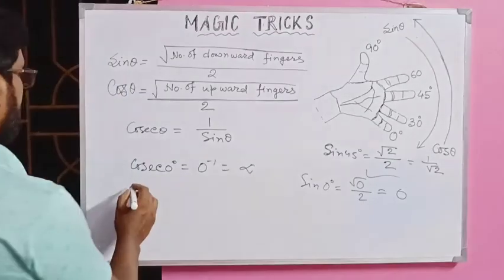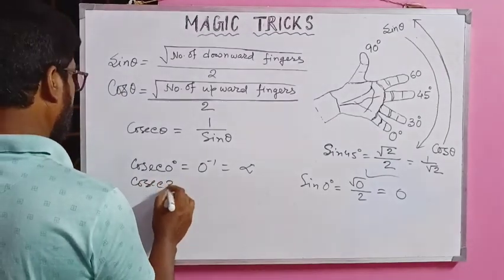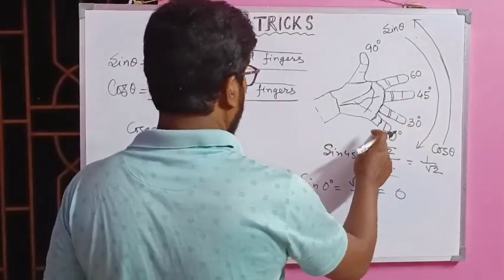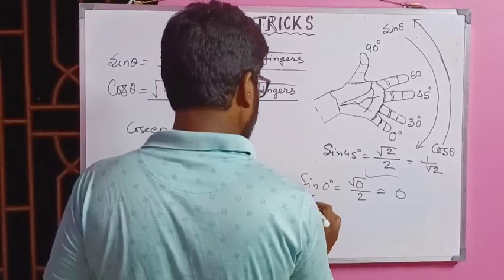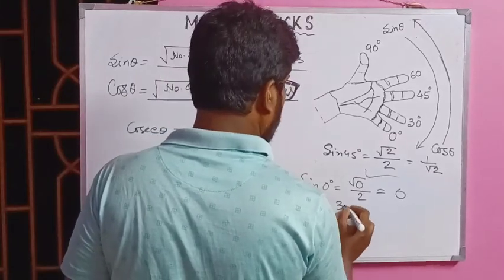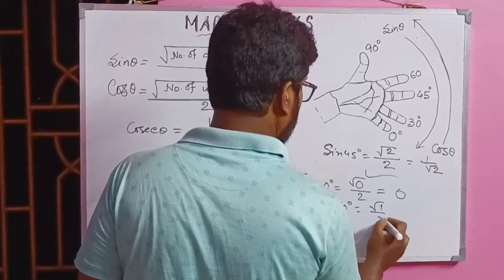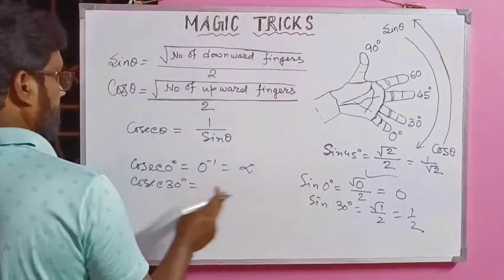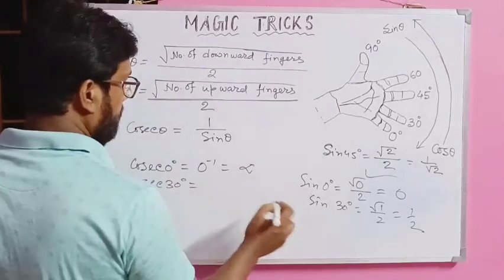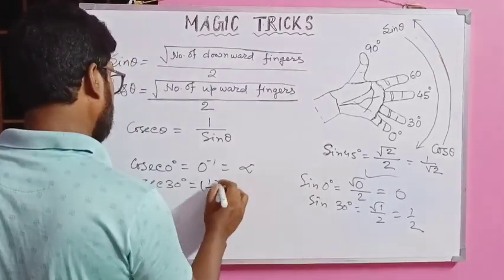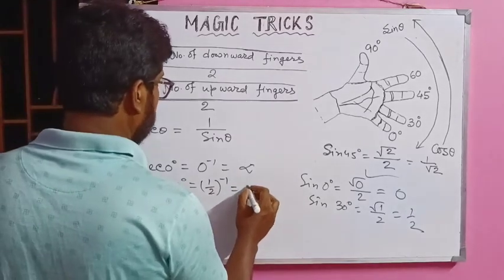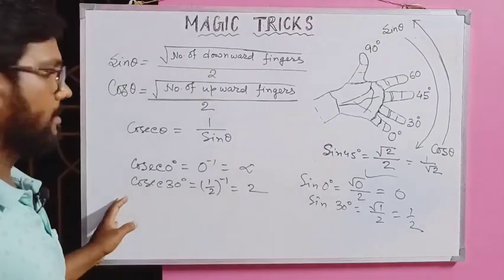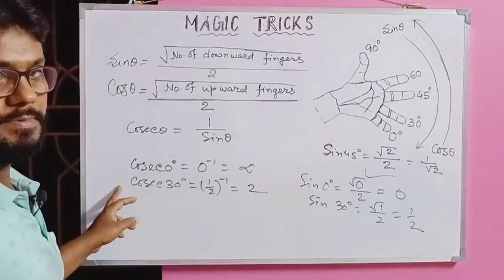Okay, cosec 30 degree. 30 degree is here. There is one finger left. Therefore the value of sin 30 degree equals root 1 by 2, equal to 1 by 2. Therefore cosec 30 degree is 1 by 2 inverse, equal to 2 only. In this way, we calculate every value of cosec theta also.